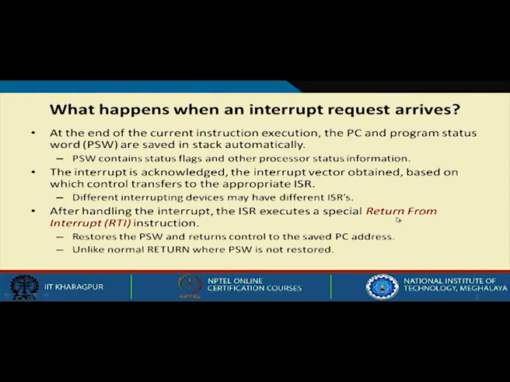So, this is a special kind of instruction, let us say RTI. This will restore the PSW and return control to the saved PC address. As I said, this is slightly different from the normal return instruction, where the PSW is not saved and restored, just only the PC is restored.